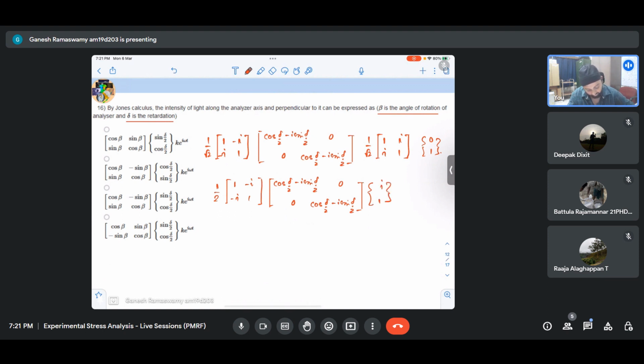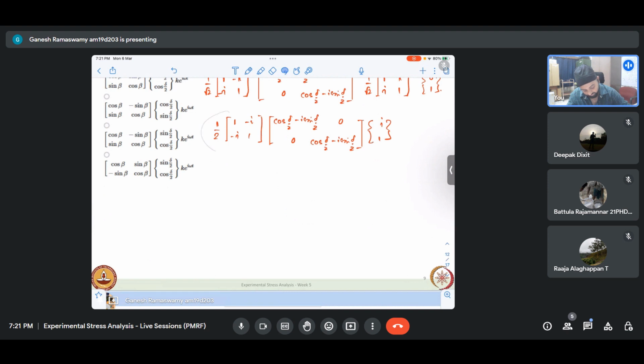So this will come as it is, and then what I'll get here is i cos delta by 2 plus sine delta by 2, and this will be 0, cos delta by 2 minus i sine delta by 2.